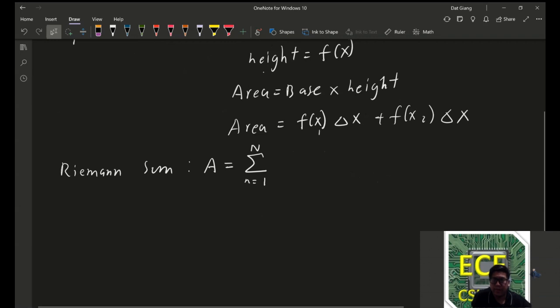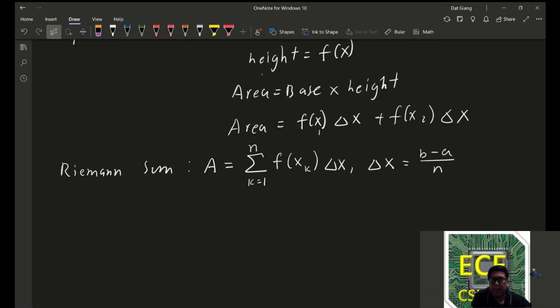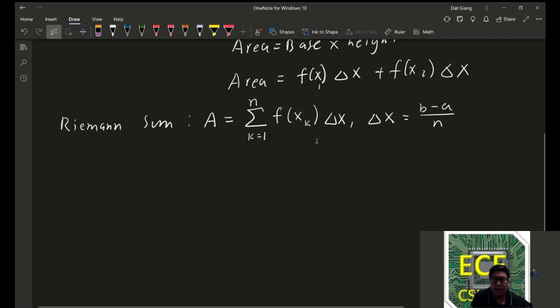And this is going to be f of x_n delta x, where delta x is, in this case, let me make it consistent, so let's say k instead. k is equal to 1 to n, and we go f of x_k delta x, which is defined as b minus a divided by n. n is our number of partitions, b minus a is our boundary points. And we could use this to approximate the area.